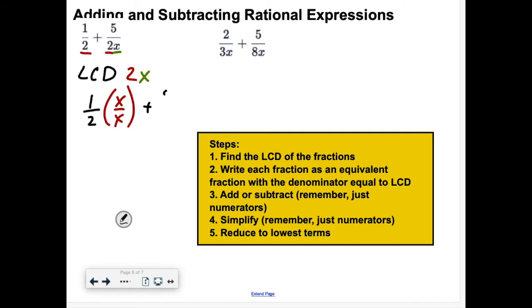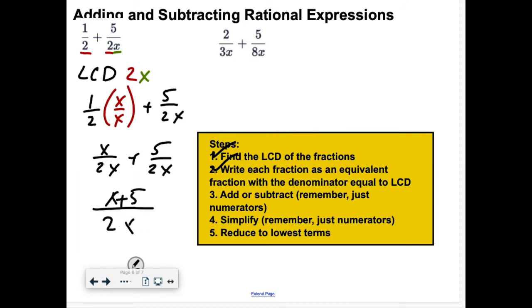Second one's already the LCD, so we're good to go. Cool, so I'm going to have x over 2x plus 5 over 2x. I'm going to combine them together, because I've done step 1 and step 2, over 2x. So I've done that.